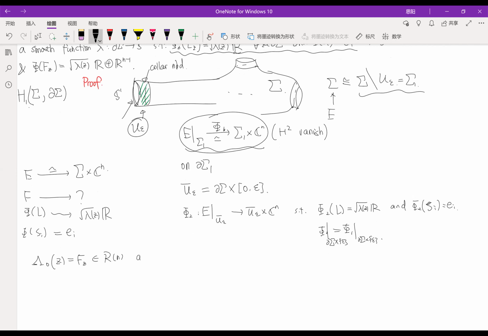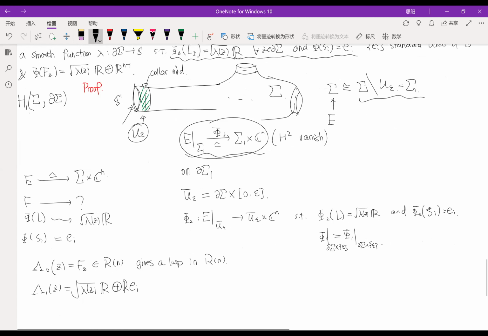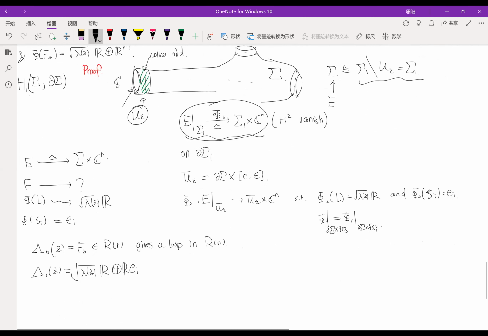So this gives a loop in R^n, and we can assign another loop lambda 1(z), which is the square root of lambda(z) direct sum with the R e_i, e_1 to e_n. And this also gives a loop in R^n.